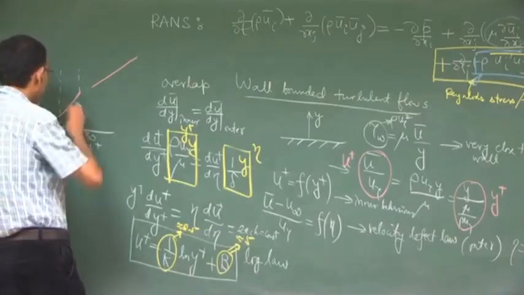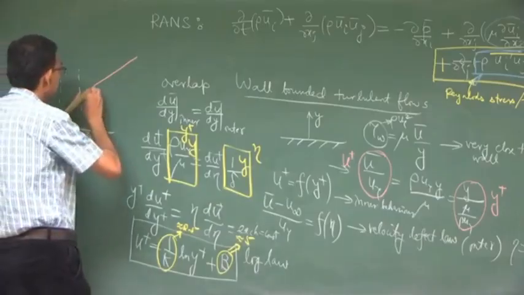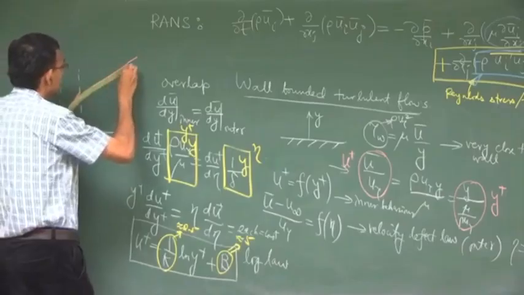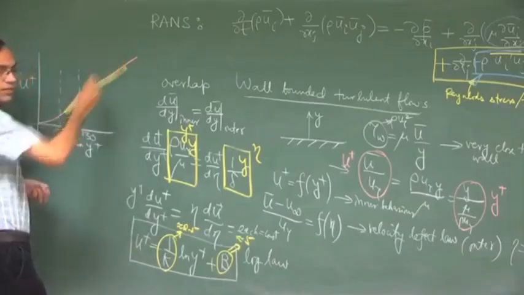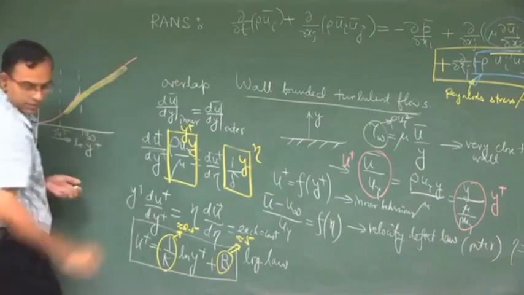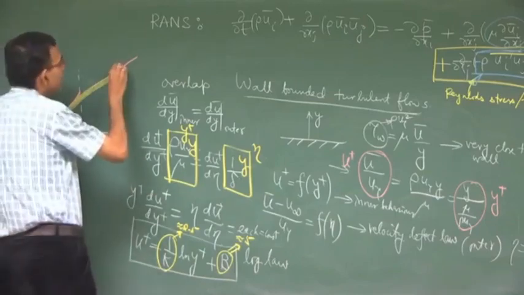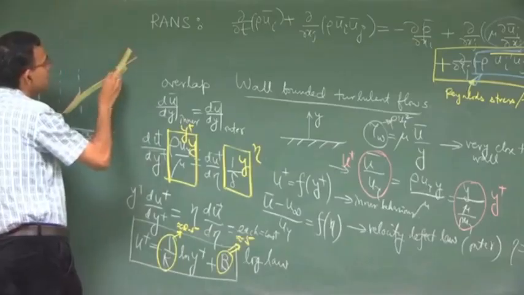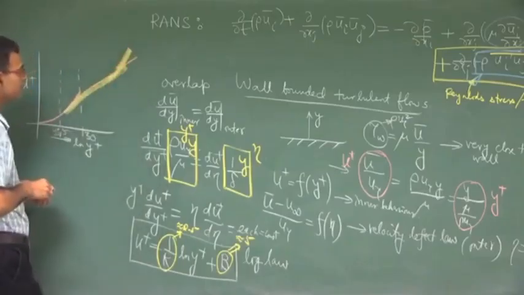So, if you plot real physical data, they will smoothly converge from here to here, and then the real data beyond some y plus will have a significant deviation from this behavior.